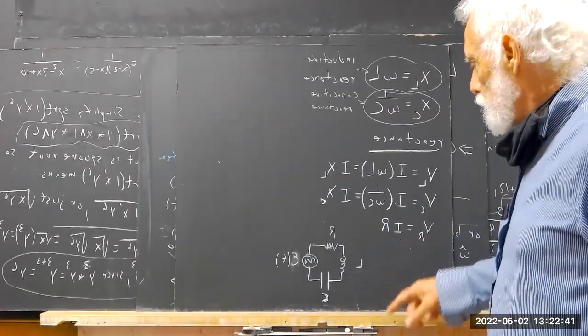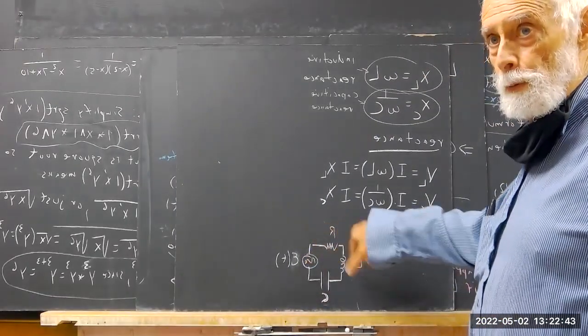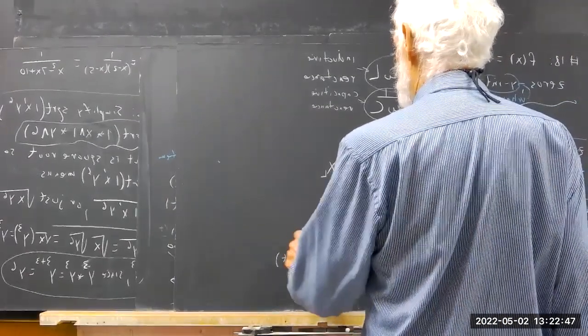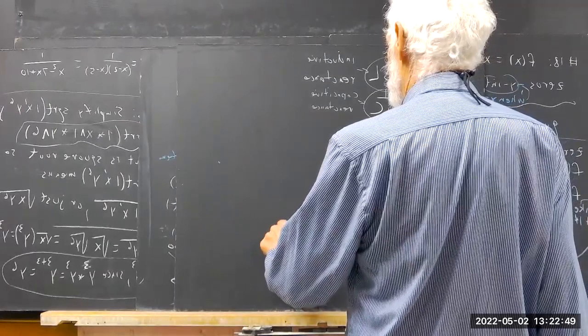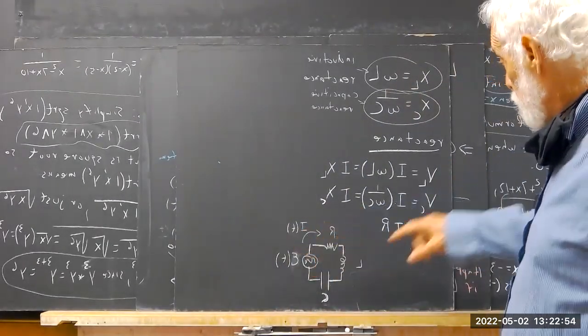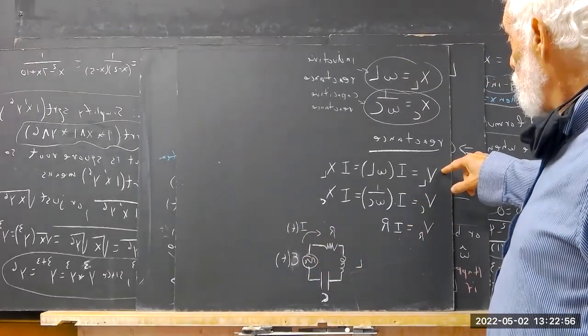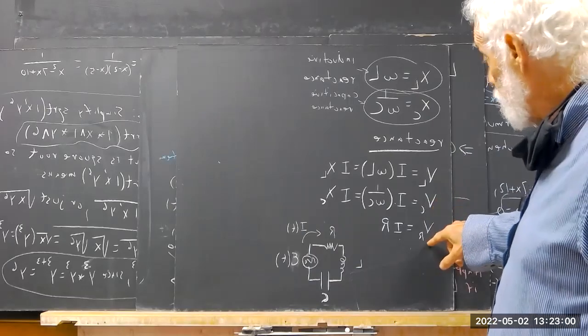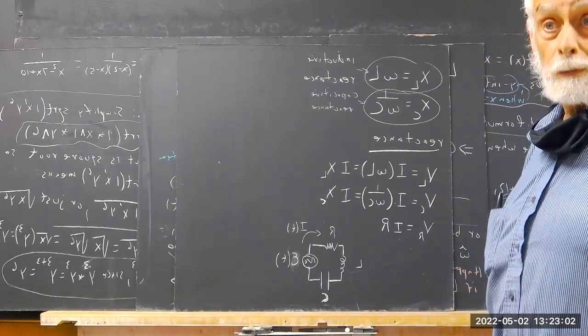We can now calculate, if we know the current at any instant, the voltage drop across the inductor, the voltage drop across the capacitor, and the voltage drop across the resistor.